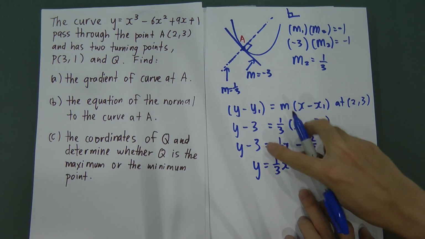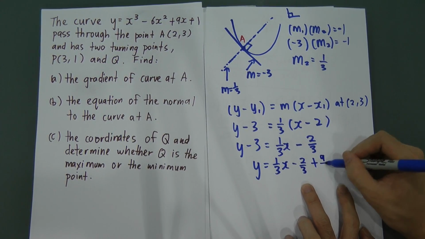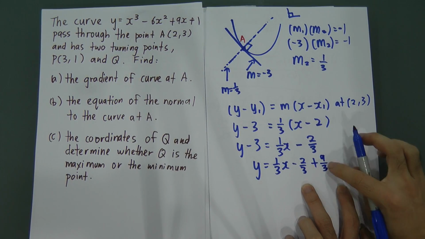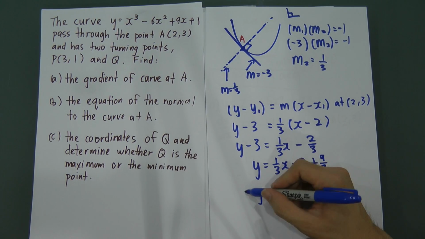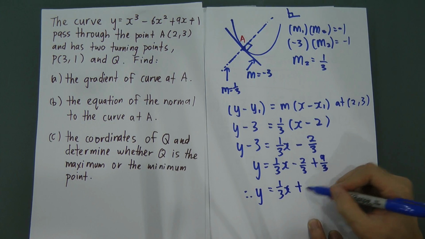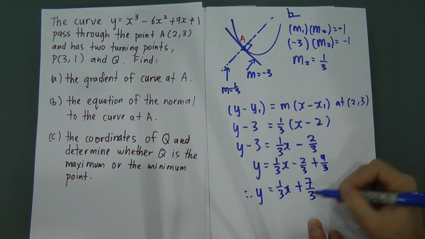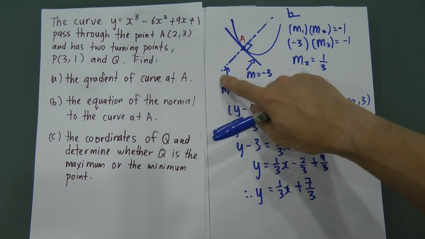I make the denominator the same, so it becomes plus 9 over 3. Therefore, y will equal 1 over 3 x plus 7 over 3. So this is the equation of the normal to the curve at point A.